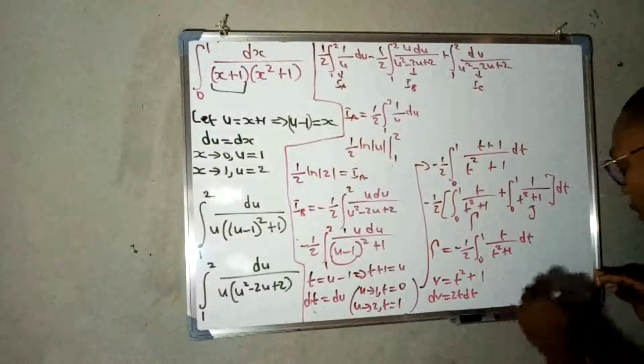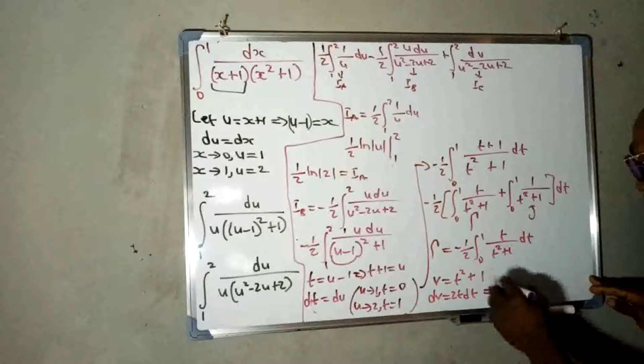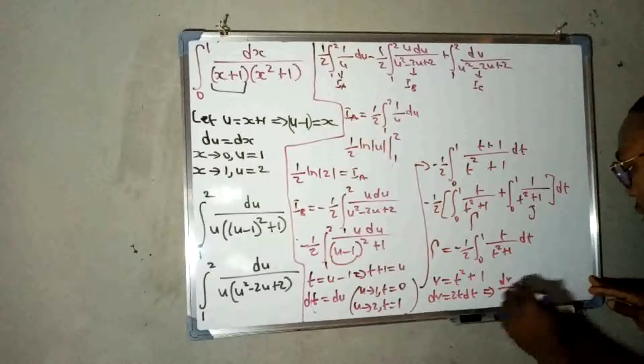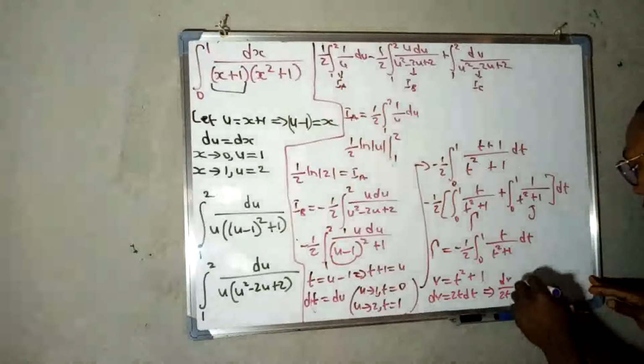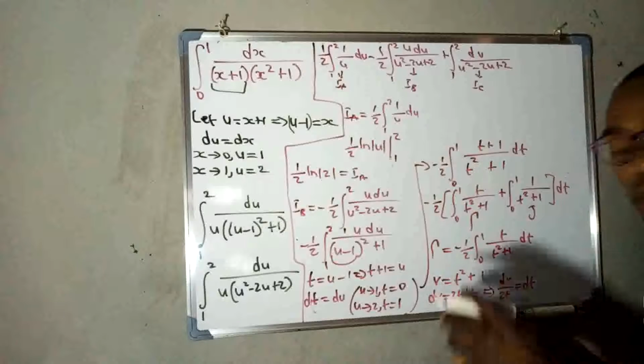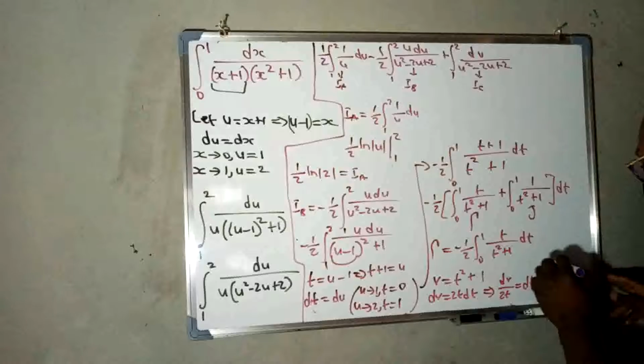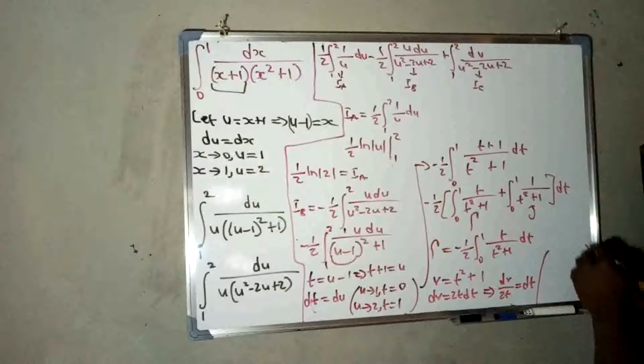So let me continue from this side here. Then dv over 2t equals dt. So now we just have to change our limit again, because now we are using our v. We have to change the limit. So let me put it here in bracket.